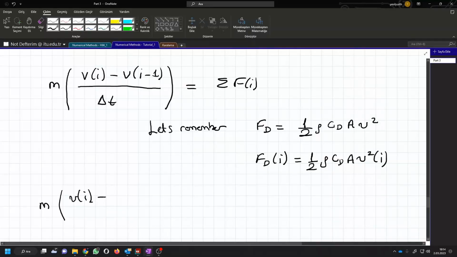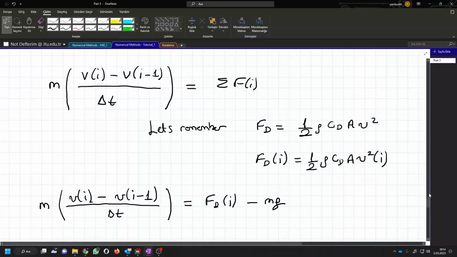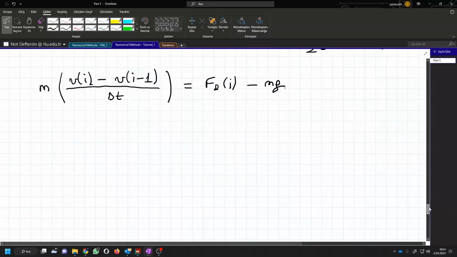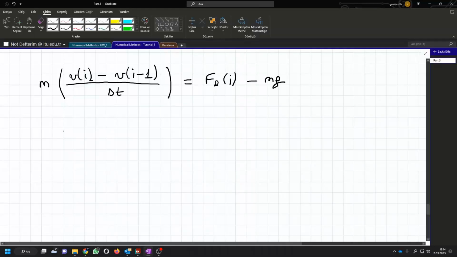This was my differential equation, basically the algebraic version of my differential equation using the forward formula, equal to Fdi minus mg. This is constant, it doesn't change with respect to the counter or time. So I will divide everything by m.